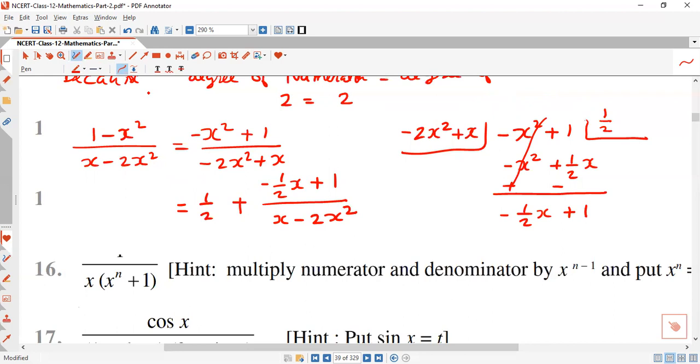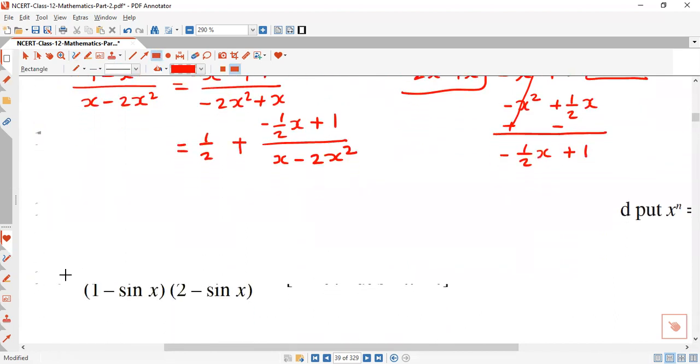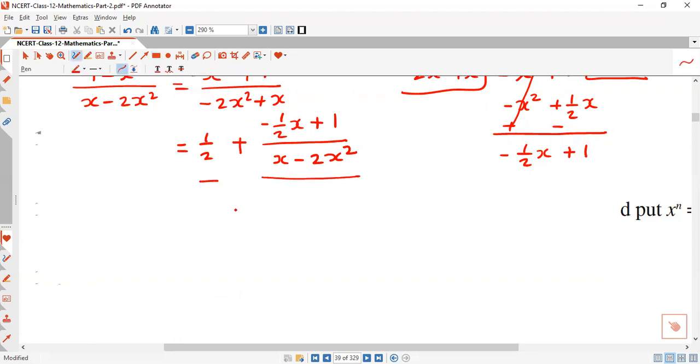Now this integration becomes two parts. One is this part, and the second is this part. For part two, we will do the integration of this part.